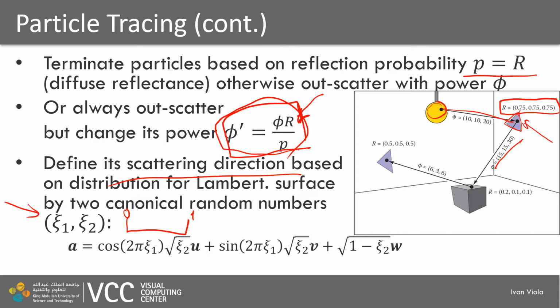And you might remember that we are using these canonical random numbers for generating this cosine term and this term here, based on the two spherical angles, which we have, the theta and the phi. And here, in this case, we are multiplying these components of the coordinates with some basis vectors, u, v, and w, which are calculated on the particular surface.